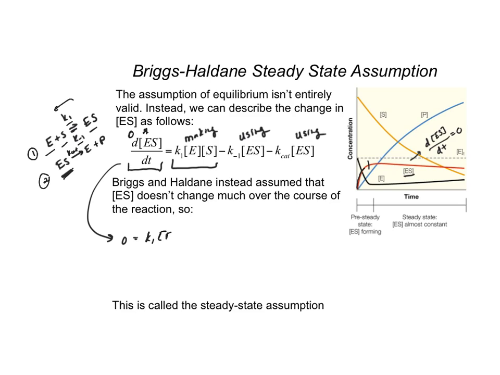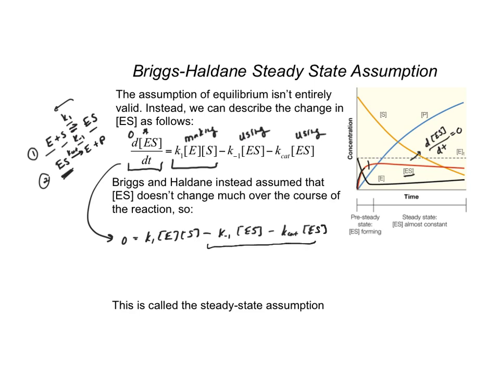So then we are left with K1 times E, S, and then I'm going to go ahead and rearrange this. Okay, so I'm going to rearrange. I'm going to move these guys both to the other side by adding them.